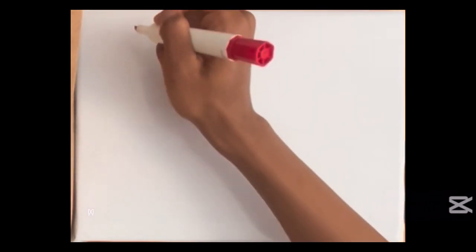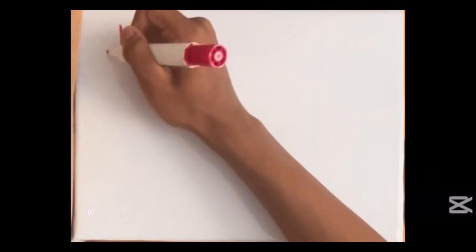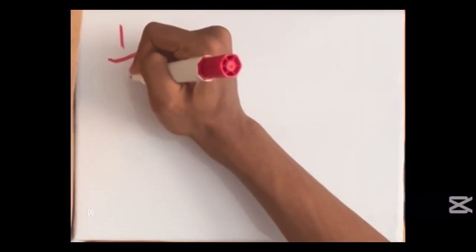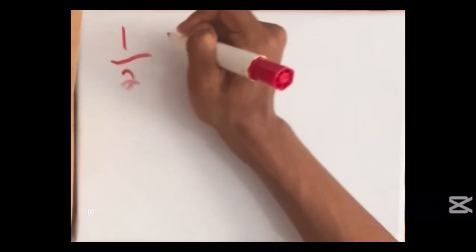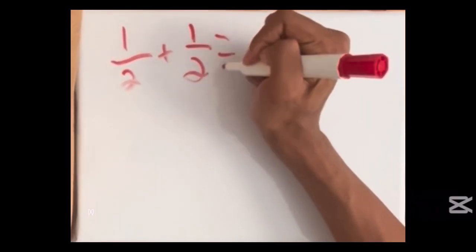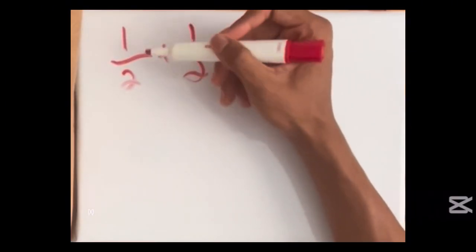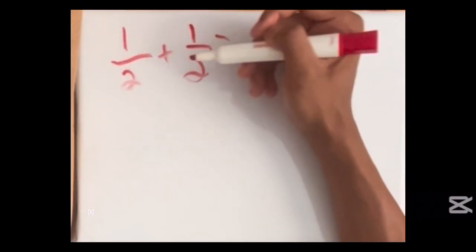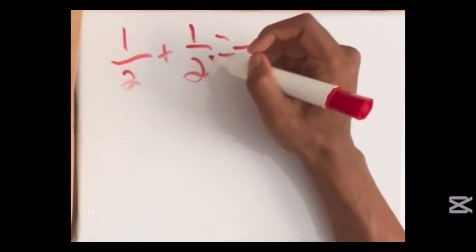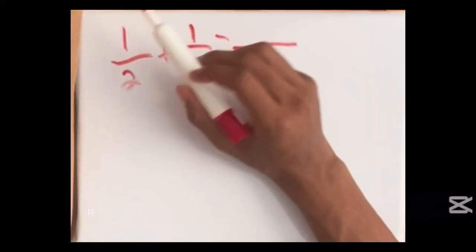So now let's do adding fractions. The easiest form you can add a fraction is when they have the same thing at the bottom, the same denominator. So let's say you want to add these two fractions, 1/2 plus 1/2. Since they both have 2 at the bottom, you're just going to keep the same denominator and add the numbers at the top.